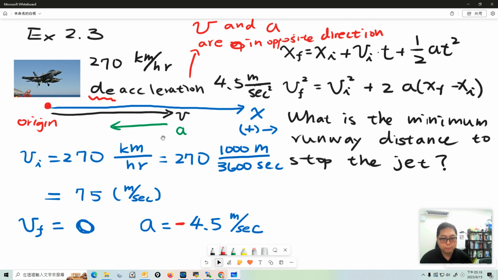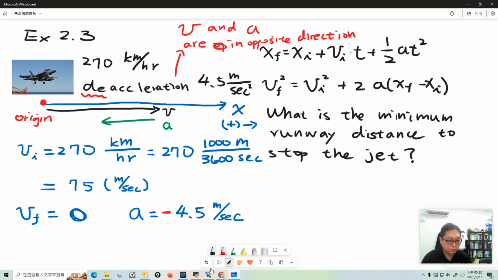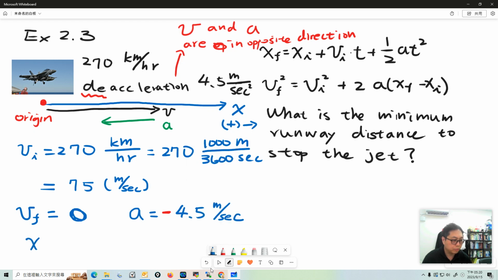So which equation should we use? Right now you have two choices. The second one seems much better. We also have another piece of information: the initial position is 0, because I chose the landing spot as the origin.